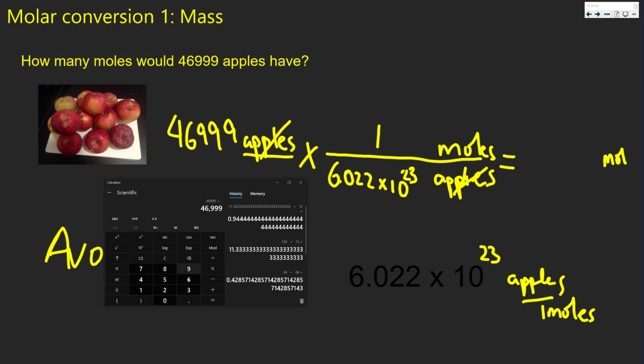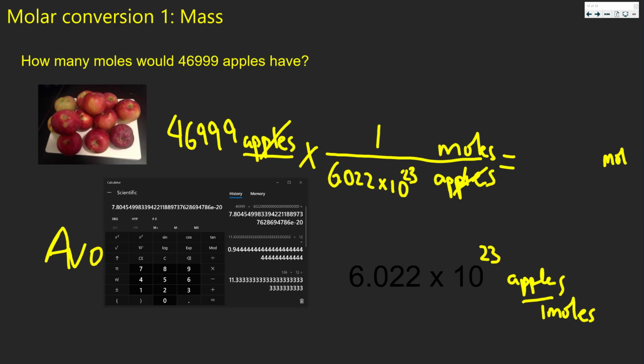So I'm going to put divide 6.022, and instead of doing times 10 to the power of 23, I'm going to use this function, EXP. This is going to indicate times 10 to the power of 23. So on your calculator, it might be EE, it could be EXP, it all depends on your calculator. But don't do the times 10 to the power of 23.